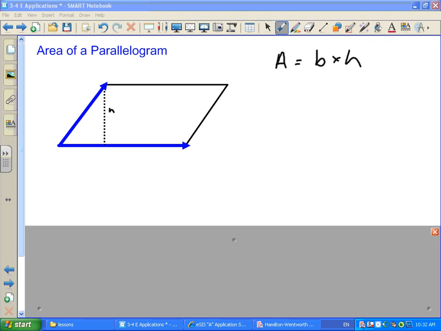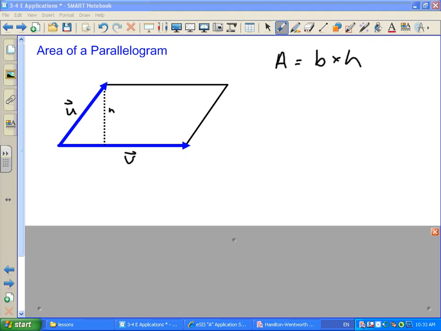In this case, rather than having your base be represented by some number that is giving you the size of the base, what we have are two vectors, which we'll call vector u and vector v. These are vectors that are representing the two sides of our parallelogram here.